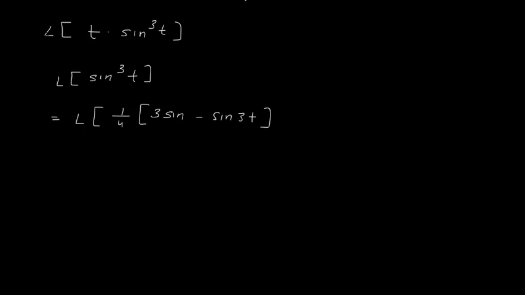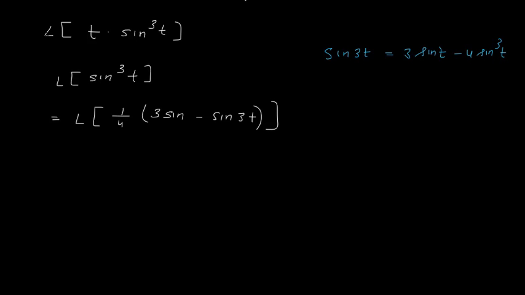Basically you have the formula for sine 3t and you modify that formula to get this formula. So what is sine 3t? We know that it is 3 sin t minus 4 sine cube t.